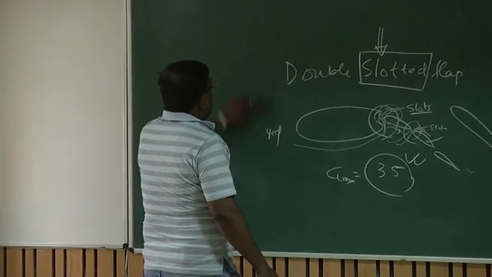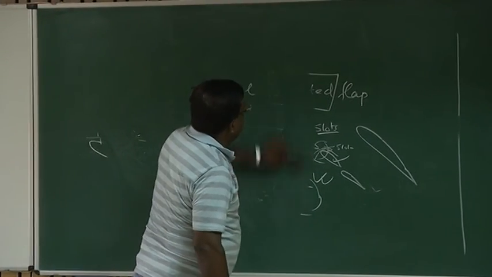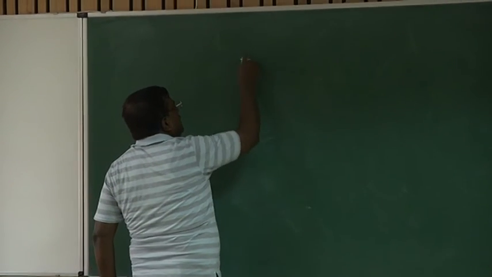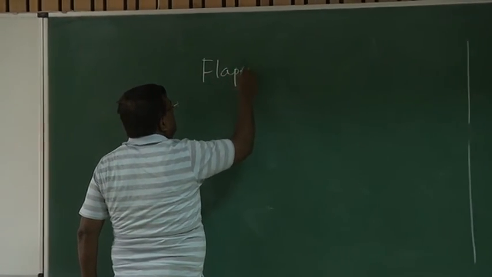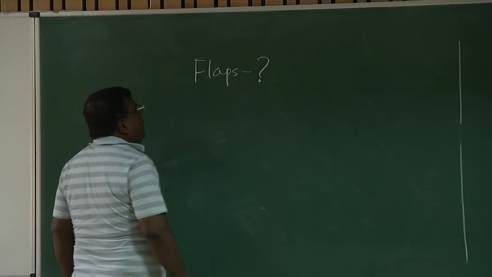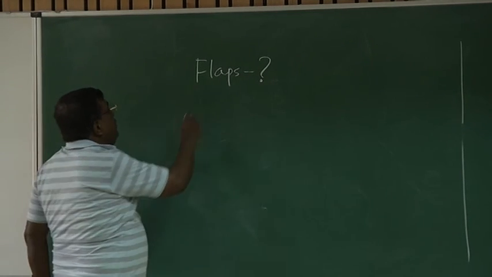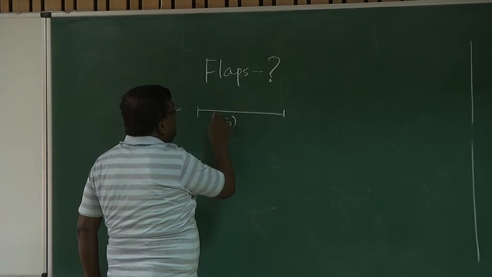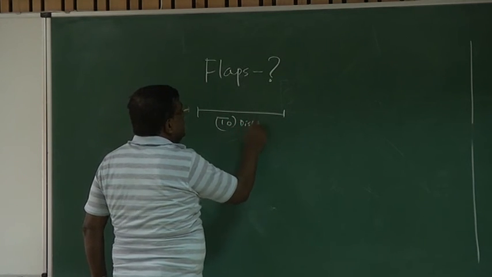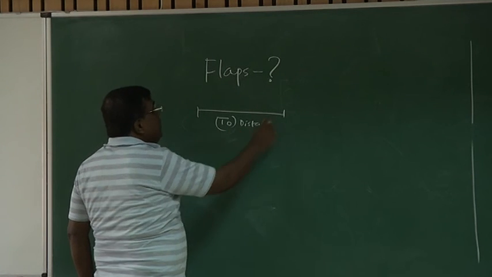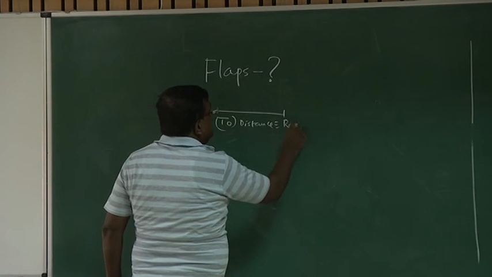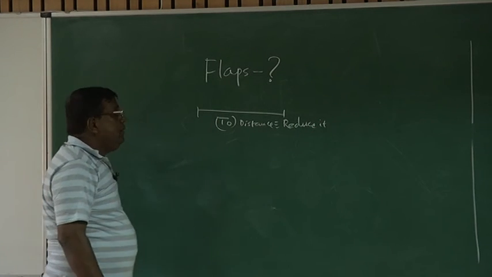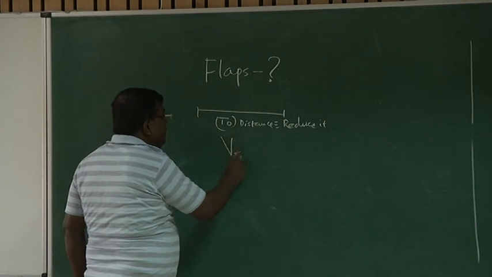So many things we have spoken about. To summarize, we need to understand a few things very clearly. Why were we discussing flaps? Why flaps? The question is this: our aim is to reduce the takeoff distance. Reducing it means I need to reduce Vstall.